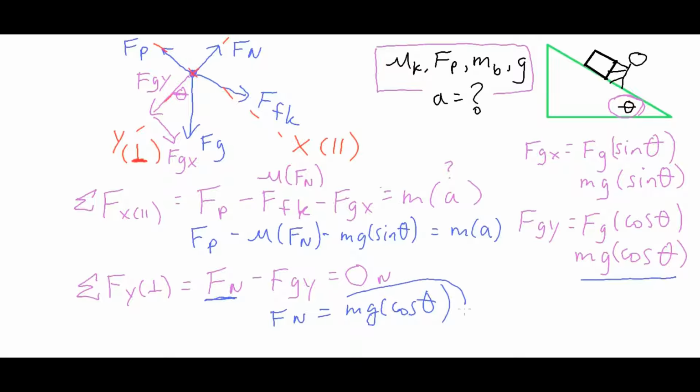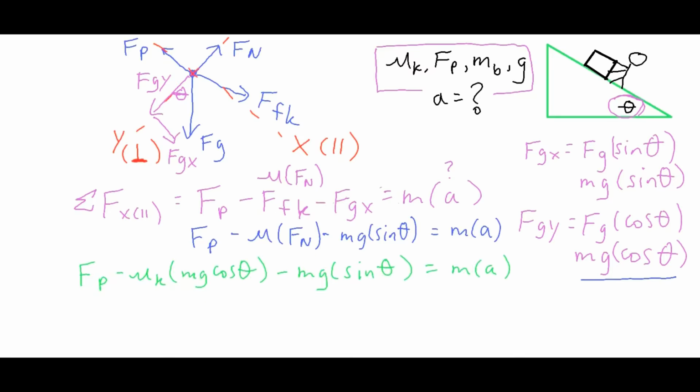Okay, we're going to take that and then substitute it in right over there. All right, so let's clear out a little bit of room and then do the last bit of rearranging to solve for A.